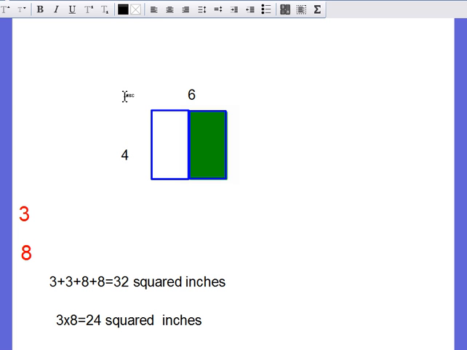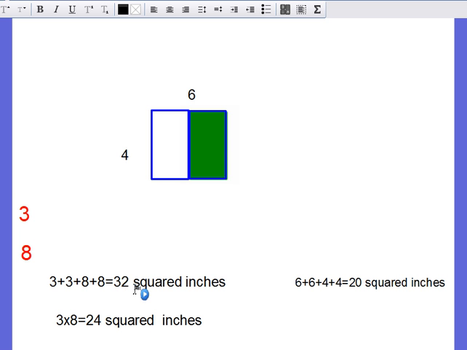So stop the tape and figure out what is the perimeter of the rectangle now. I figured it out, and no, it did not stay the same, because I have 6 by 6 by 4 by 4 as my dimensions, and that's 20 square inches, which is different than 32.